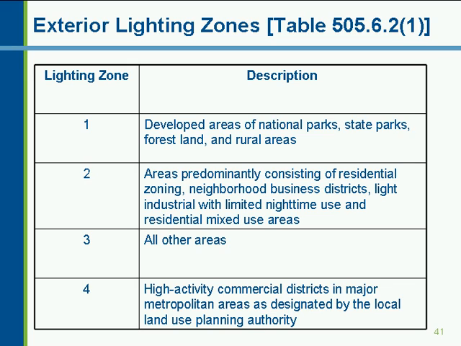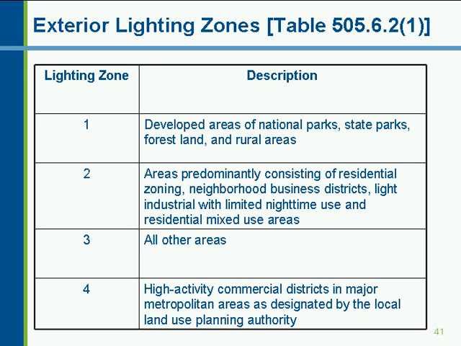One thing with the requirement that also needs to be dealt with is the application of an exterior lighting zone. The requirements are based on what kind of exterior lighting zone your building is in. The realization is that different areas of where your building is located have different lighting requirements.